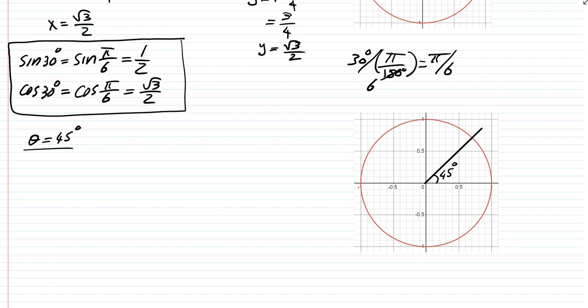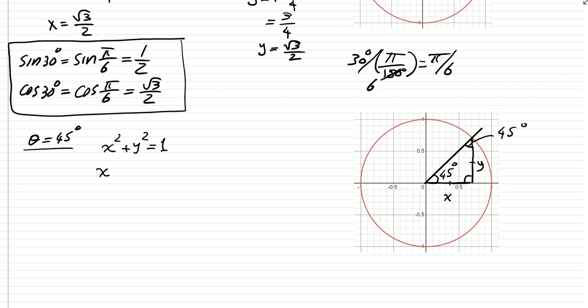Well, now the geometry of this: if you have 45 degrees, that means the triangle that I'm forming here is going to be an isosceles triangle. The measure of this angle is going to be 45 degrees. Therefore, the sides are equal, so x and y are the same. Now, in the equation of a unit circle, we have x squared plus y squared equals 1.